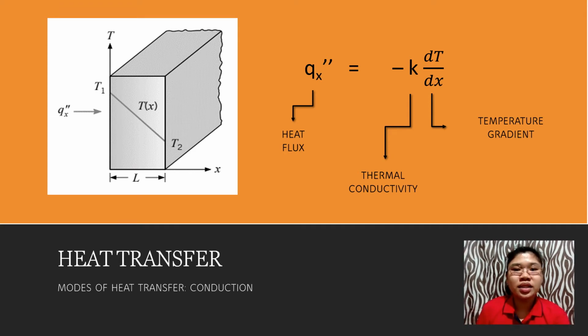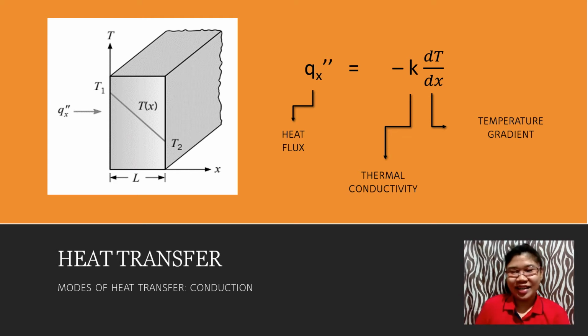It is usually a characteristic of the wall material. The minus sign, or the negative sign, is a consequence of the fact that heat is transferred in the direction of decreasing temperature. So again, this is negative because heat is transferred in the direction of decreasing temperature.